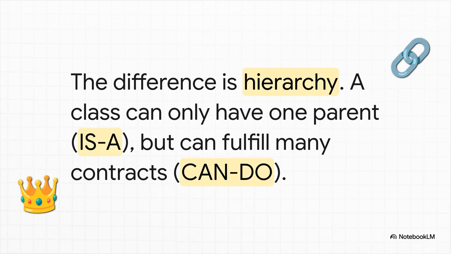Your class is a type of that parent. You are locking it into a single inheritance tree, and you only get to do that once. But when you implement an interface, you're just saying your class can do this thing. It can sign multiple contracts, adopt all sorts of capabilities, without ever being locked into a single lineage.